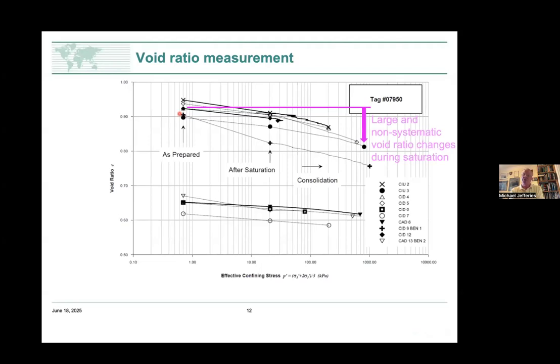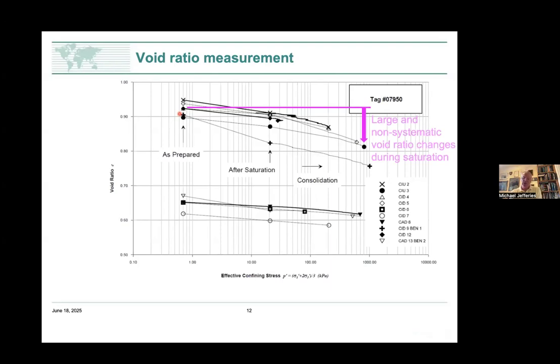So the problem we ran into, and you'll run into, is that you will get very difficult to measure void ratio changes as you saturate a sample. And having saturated the sample, we're then going to consolidate it, and we will get further changes in void ratio during consolidation. And the whole basis of critical state theory is we are including the effect of void ratio on soil behavior. If we have inaccurate void ratios, we are not going to get accurate soil properties, and we're not going to get accurate predictions.